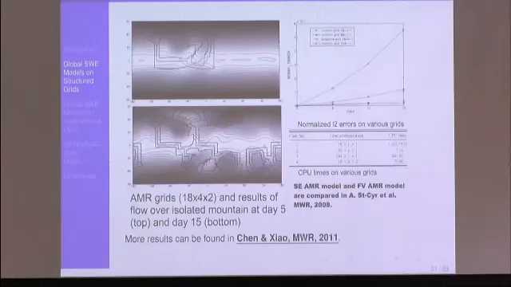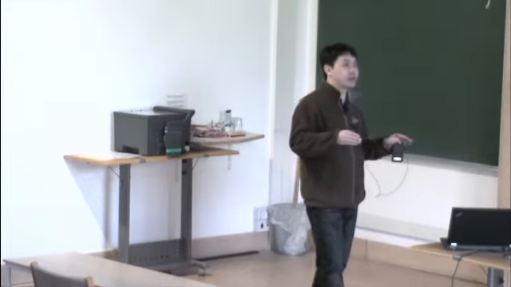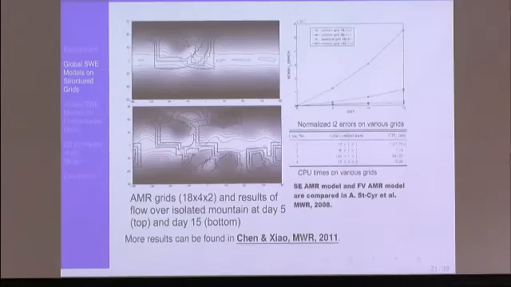So this line, the second line, is the numerical errors of results on this 4-level grid, and the lowest line is for numerical errors on the uniform grid with a resolution the same as the finest resolution of this AMR grid.